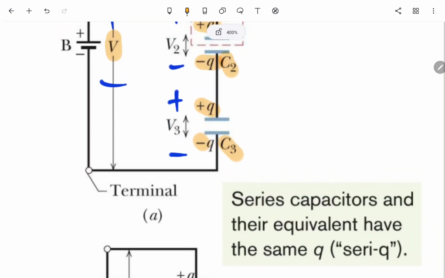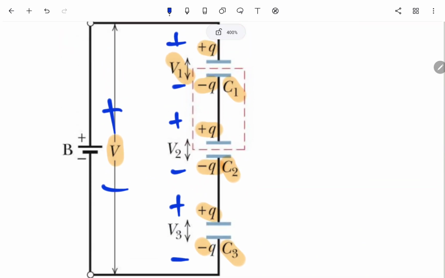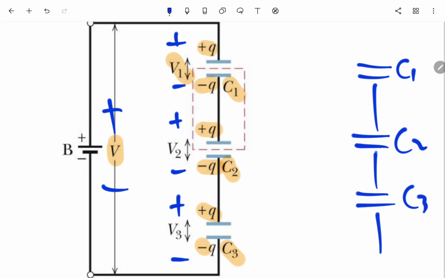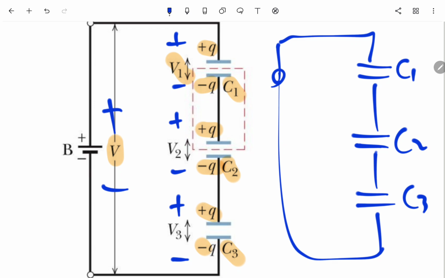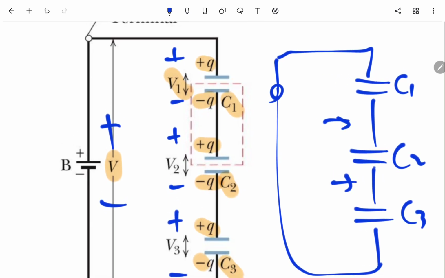Why will it be like that? If you don't have the battery at the beginning, just imagine we have C1, C2, and C3 connected to nothing. In that case, there won't be any charge inside. If you have a battery to charge the capacitor, starting from here we will have positive Q, and because it is a capacitor, a positive Q here should have a negative Q here.